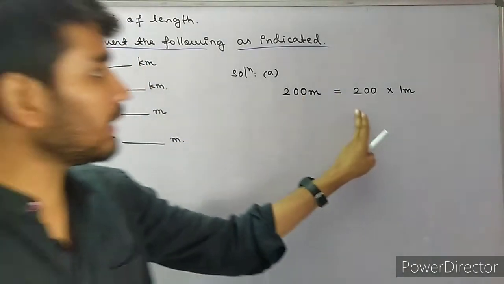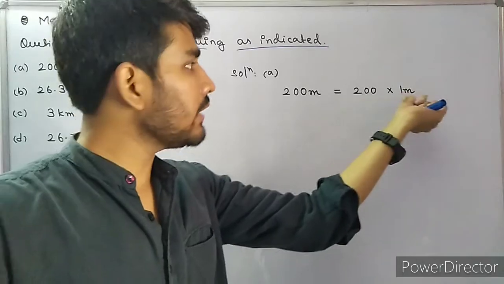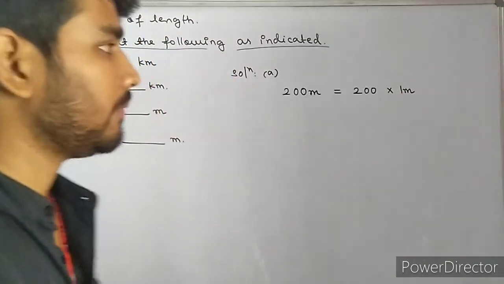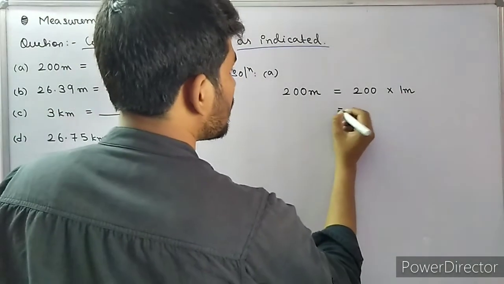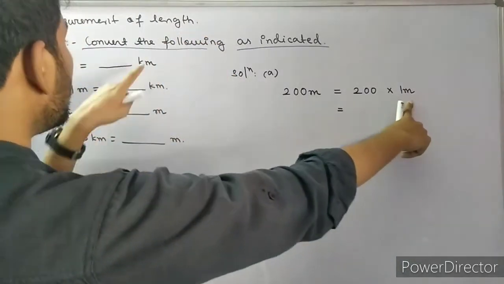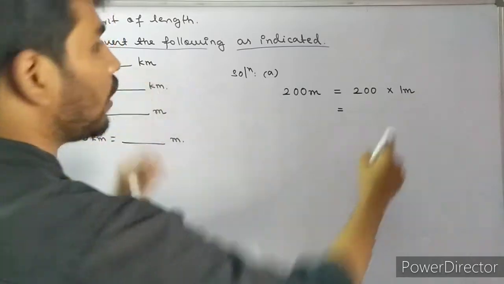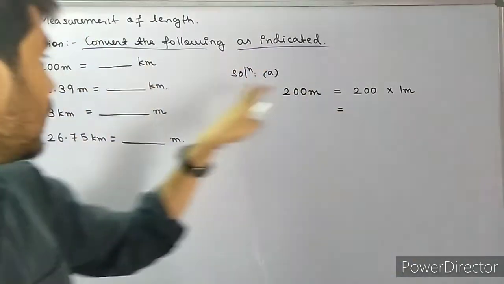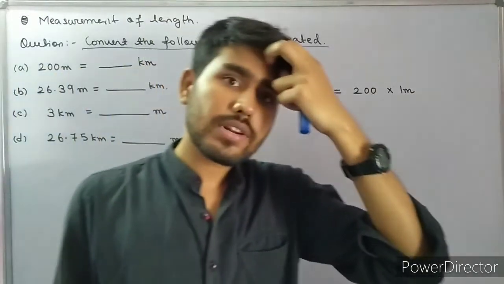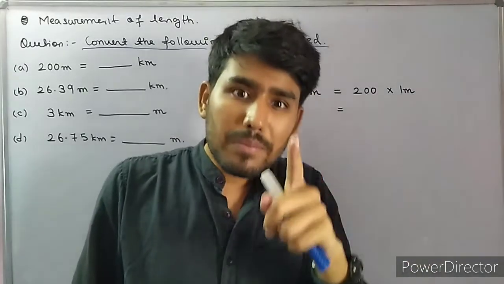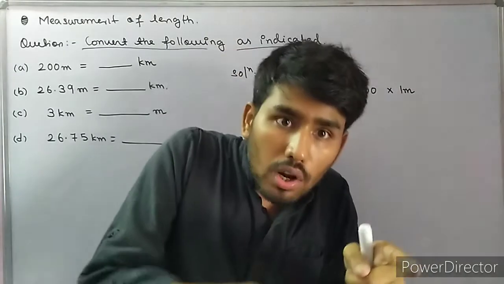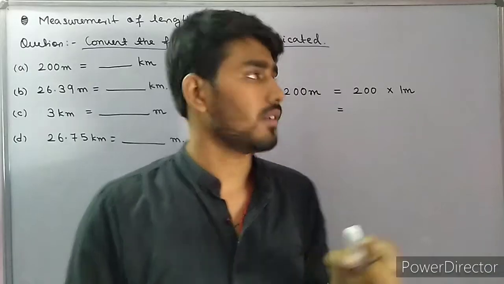200 meter can be written as magnitude into its unit. Now, I have to convert this meter into kilometer. Just try to understand, meter is a smaller unit than kilometer.